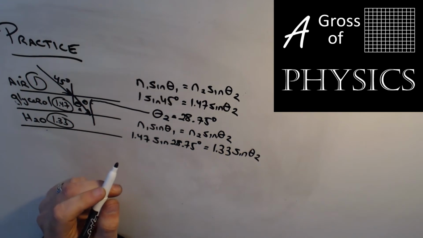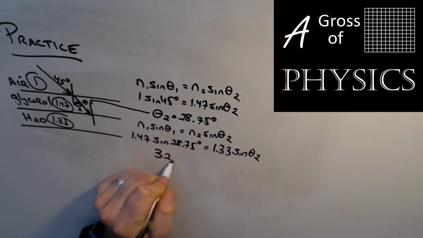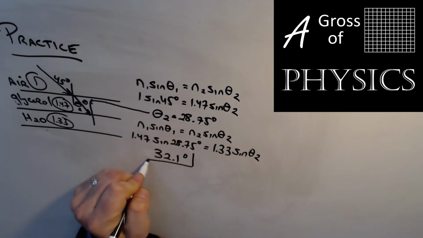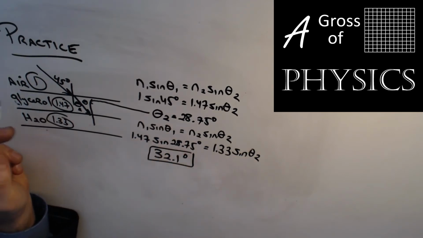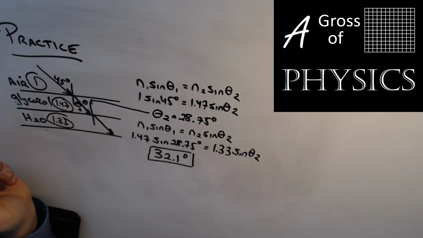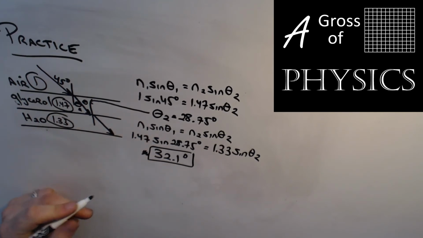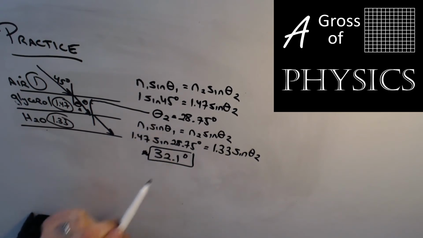So 1.47 times sine of 28.75 divided by 1.33, second sine, second answer, 32.1 degrees. So that would be here. It gets a little bigger because it bends away. Now, if we had another surface, we would use this answer to do the next problem from there. And as long as we have a stack and they're all parallel, we just use the previous answer as the new angle of incidence for the next part.